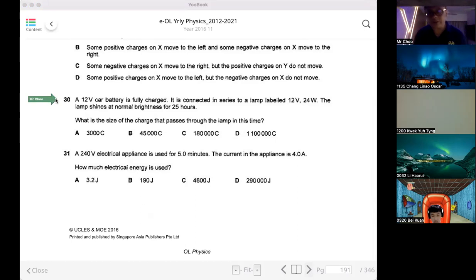In practical electricity, two topics later, you will learn this formula: power is equal to VI.